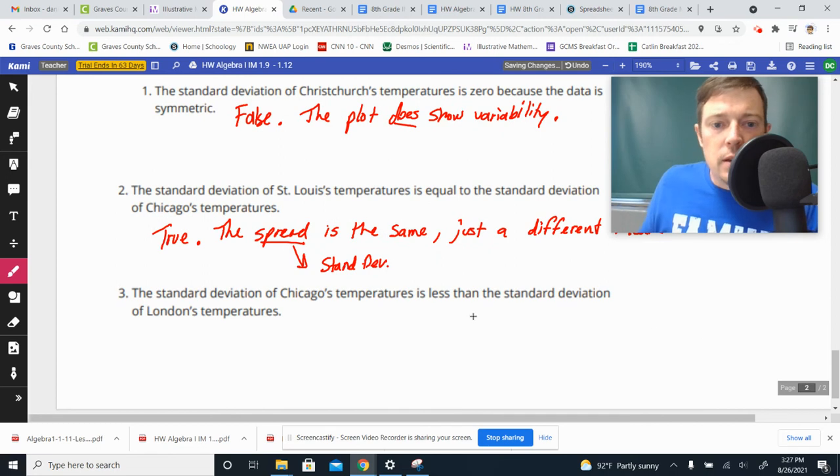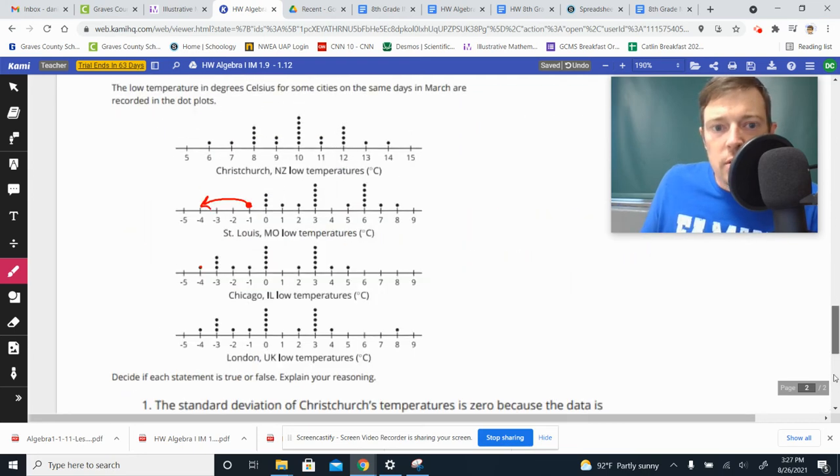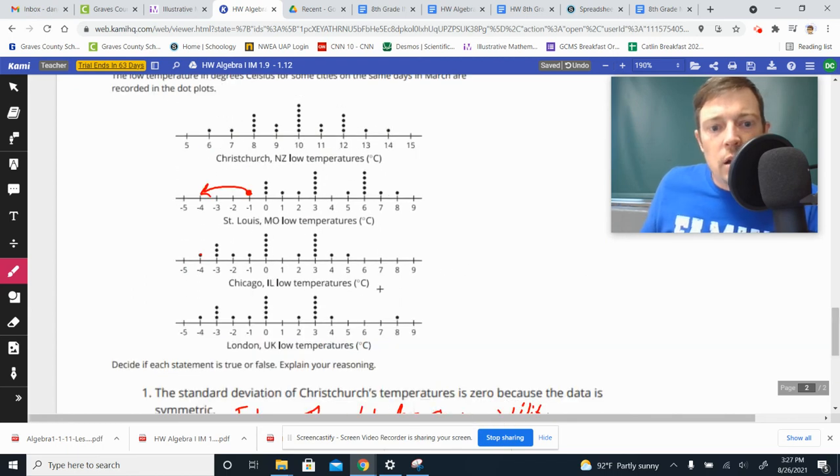Number 3, the standard deviation of Chicago's temperatures is less than standard deviation of London's temperatures? Well, let's look at this. So Chicago versus London. Chicago and London, you'll notice, very similar.